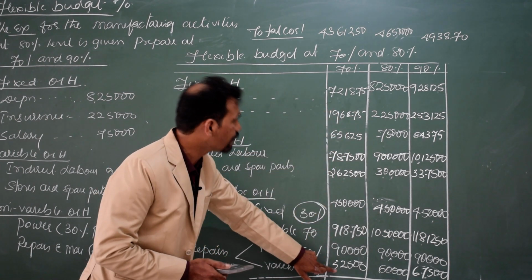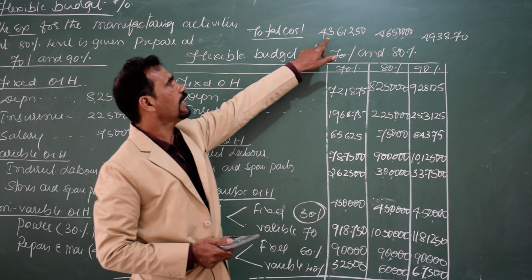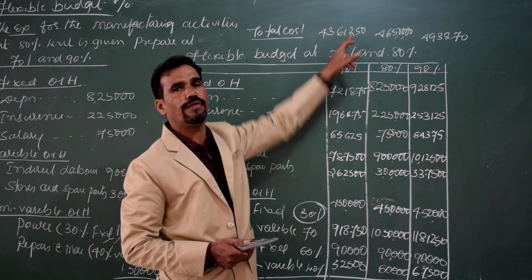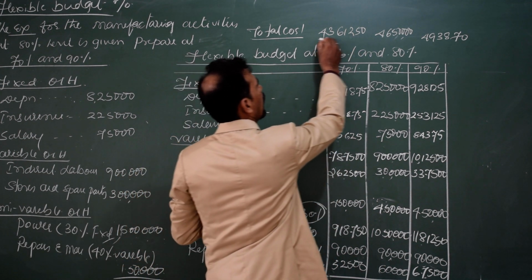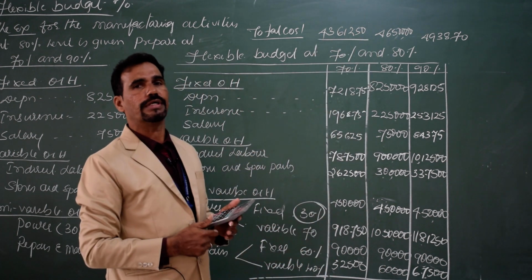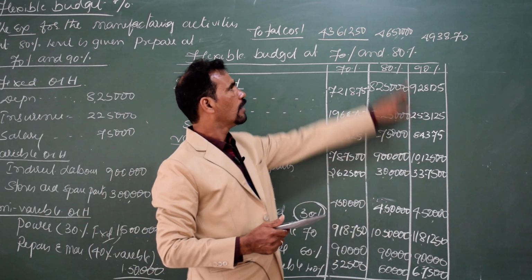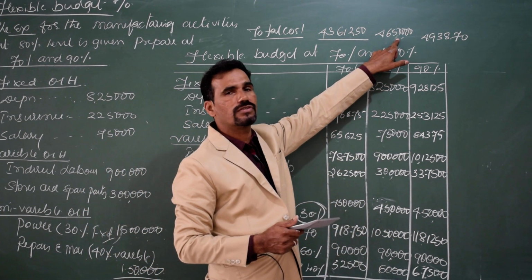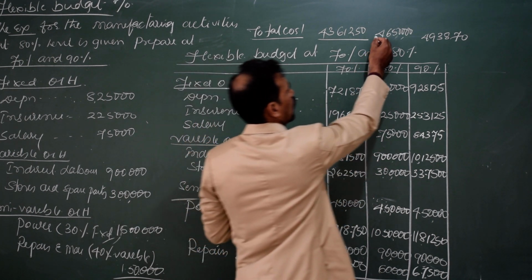At all levels, the answer comes to 43,61,250 as the total cost. Base level is 46 lakh 50,000, it's a total cost.